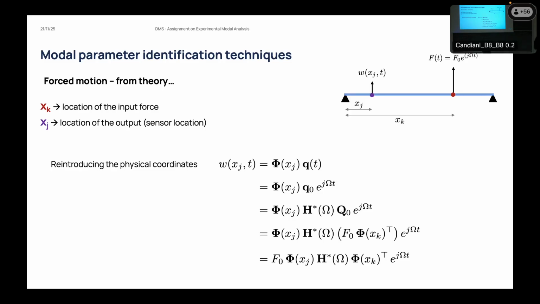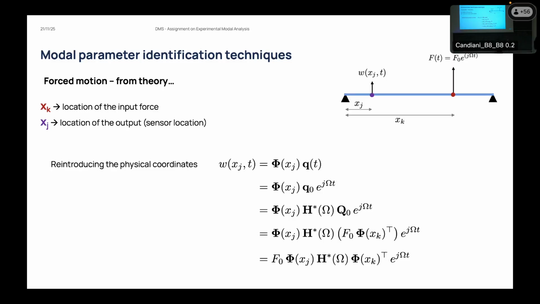Specifically, if we are going to compute the response over the location xj, so we are interested in w(xj,t), what we can do is to compute w in the location xj, that is equivalent to say that we are going to compute the vector of the mode shapes in the location xj. Now we know that this q of t can be written as phi of xj times the q0 vector times e to the i capital Omega t.